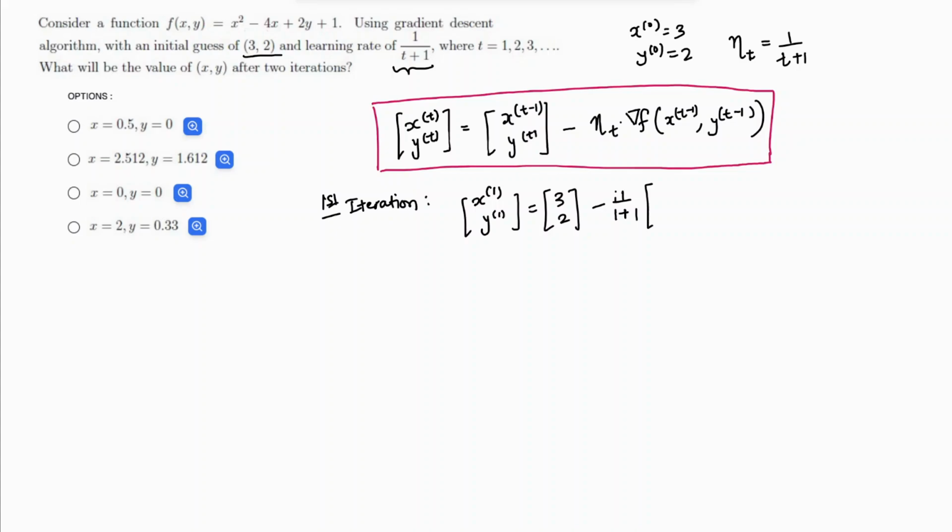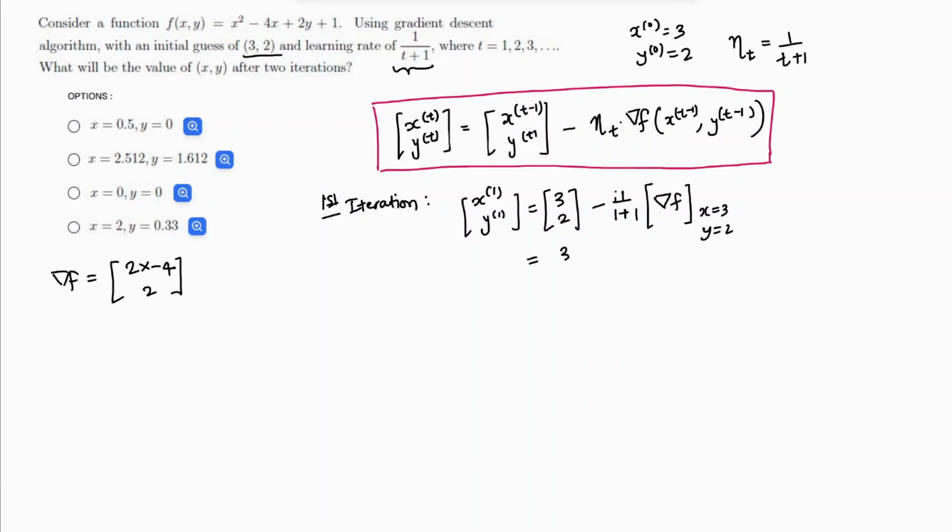So let's also find out the gradient. The gradient of f is 2x minus 4 and 2. This should be evaluated at the point x equal to 3 and y equal to 2.